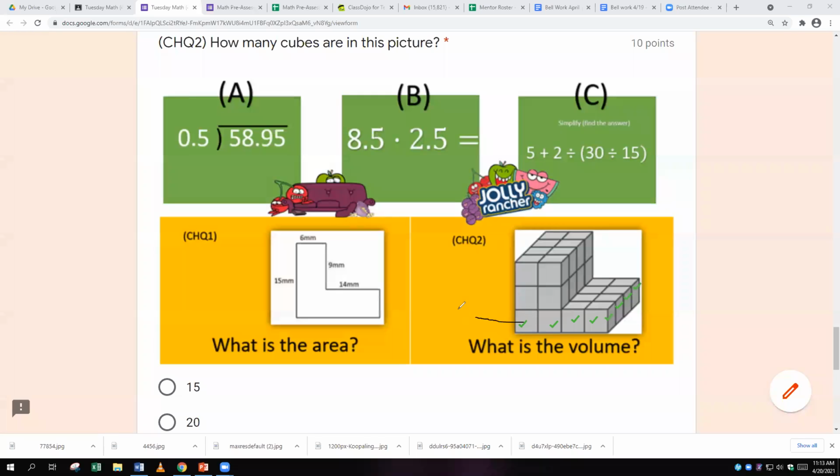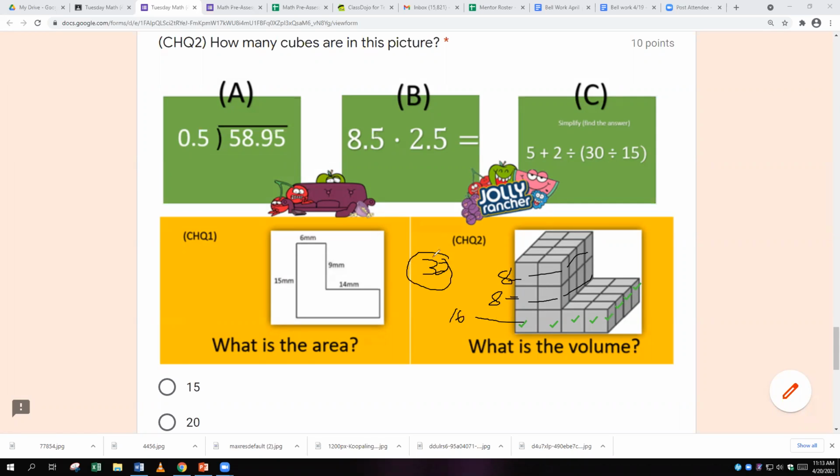So the bottom layer is 16. And then this is 2 by 4, which is 8. So this layer is 8. And this is 2 by 4, which is 8. So basically, if you add each layer, 8 plus 8 plus 16, you'll get your answer. 8 plus 8, 16, and 16 plus 16 is 32.